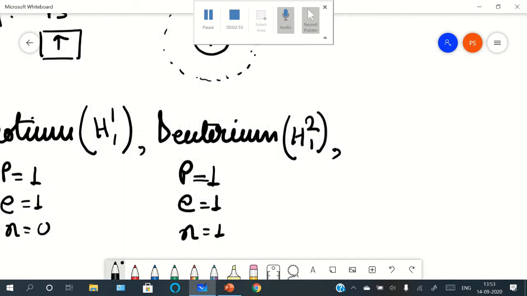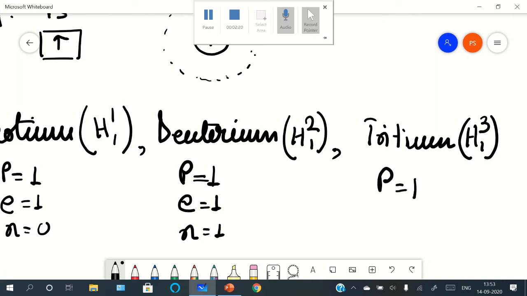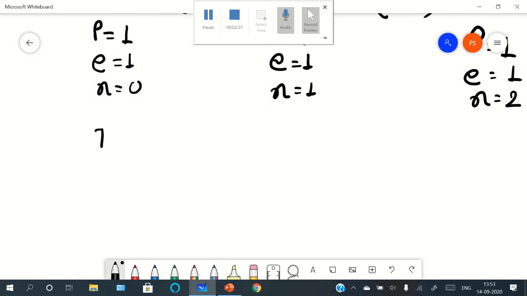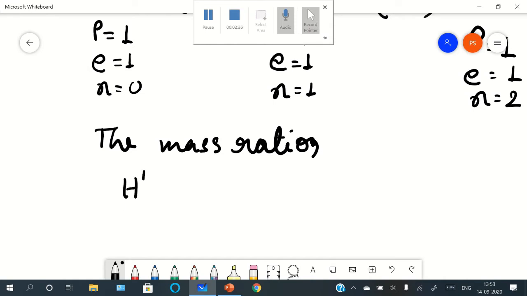The third isotope is tritium, H31: number of protons is 1, number of electrons is 1, and number of neutrons is 2. Hence the mass ratio is found to be 1:2:3.